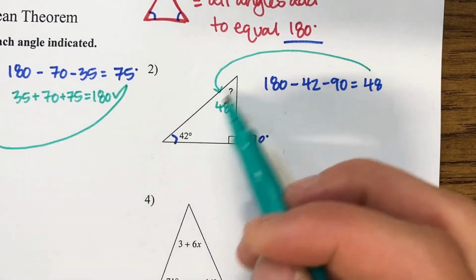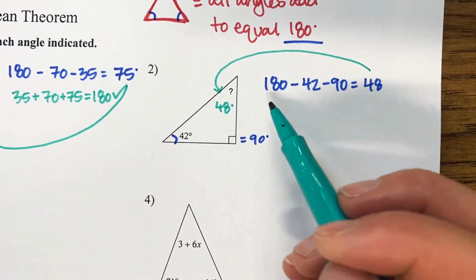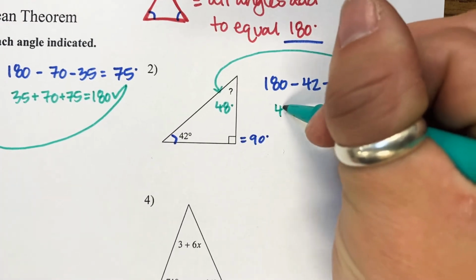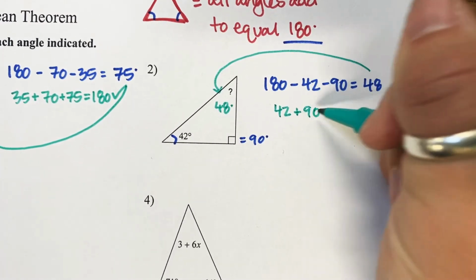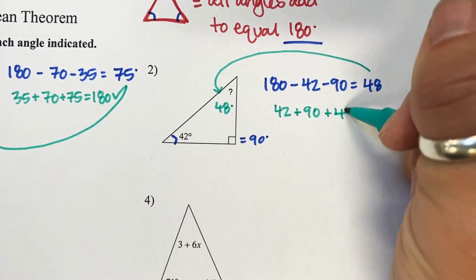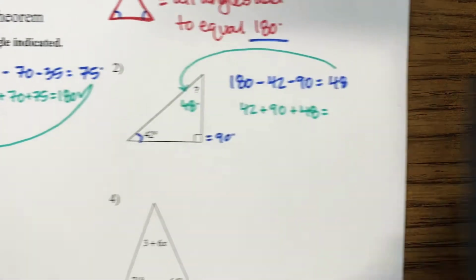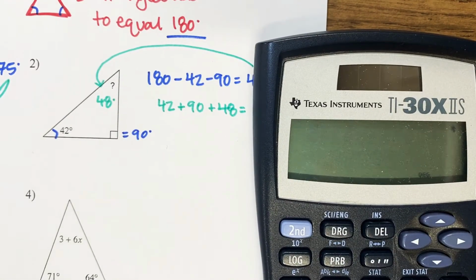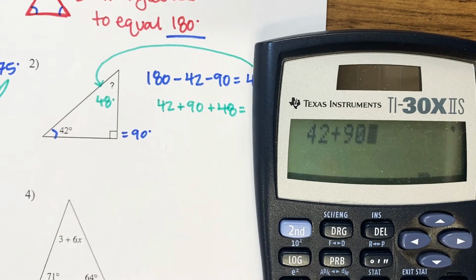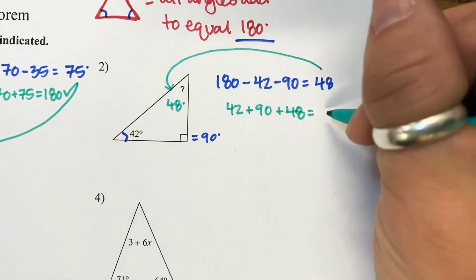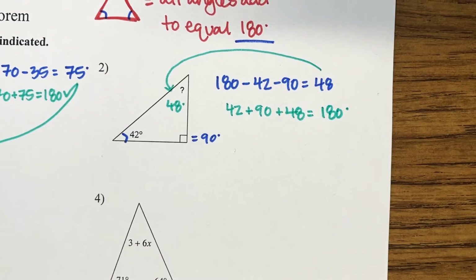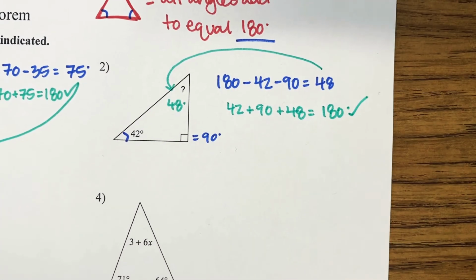All three of these angles should add up to be 180. So 42 plus 90 plus 48. Let's see what they add up to. And that does equal 180 degrees. So we're good.